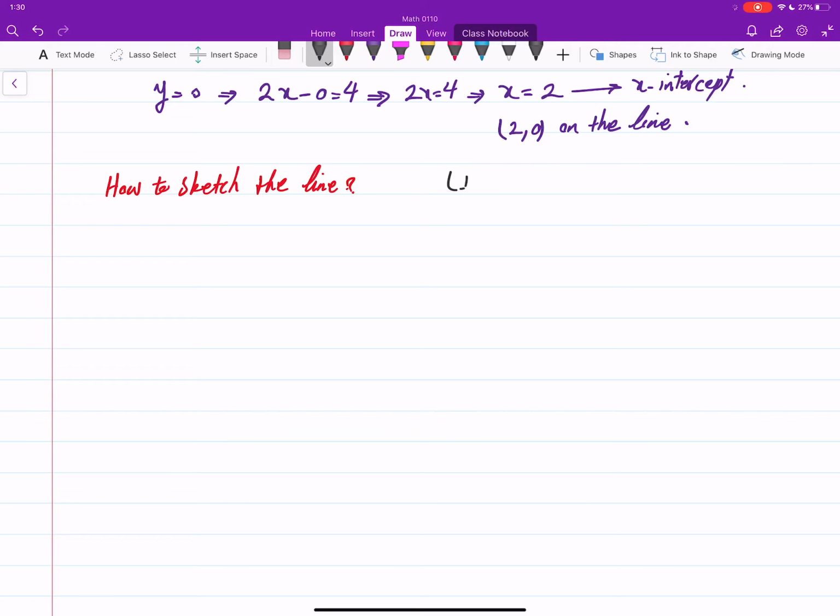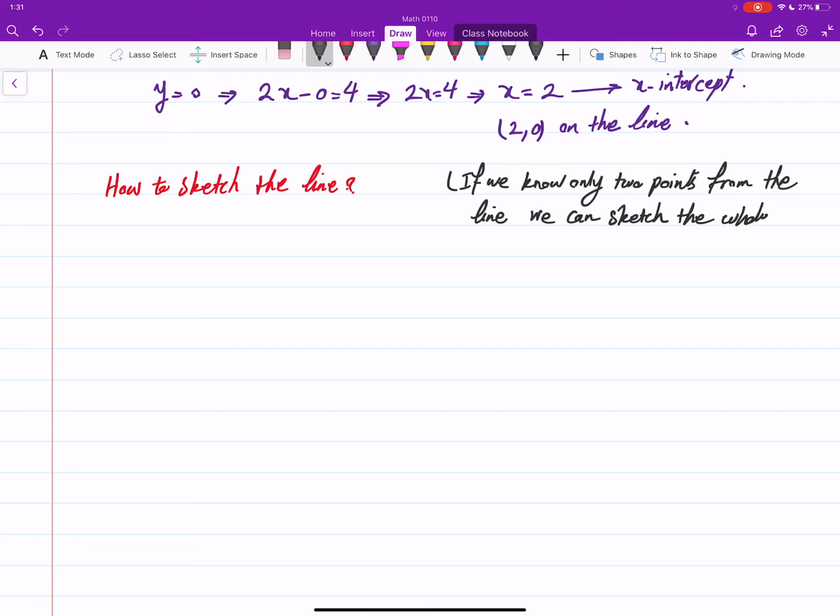So if we know only 2 points from the line, we can sketch the whole line. How?